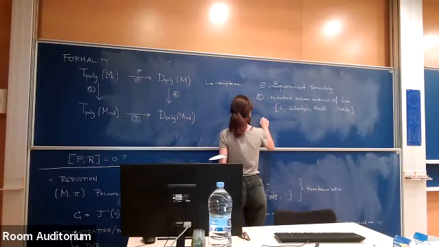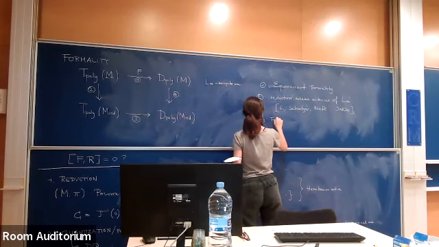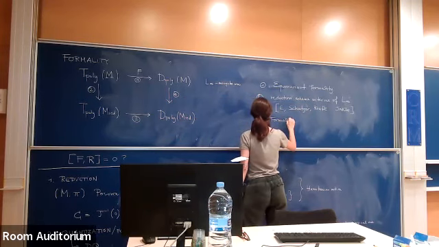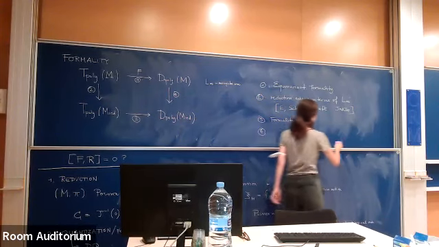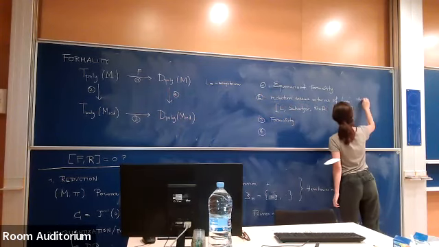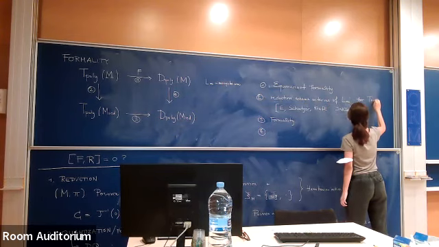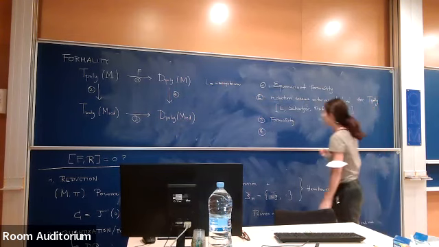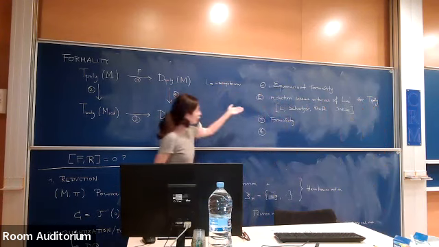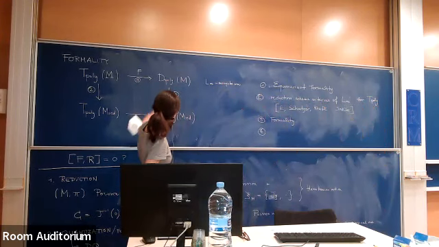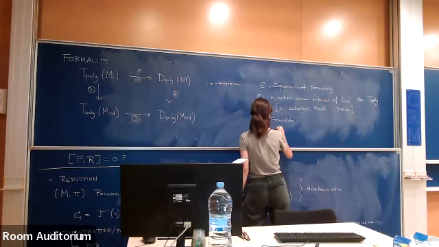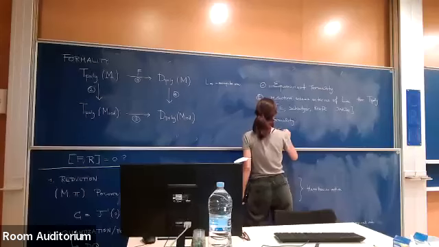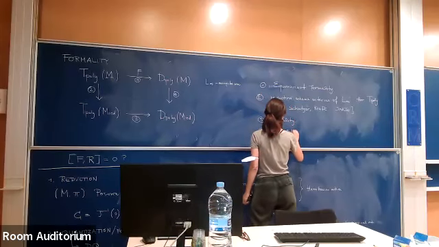Number 3 is the usual formality. And number 4 is again a reduction scheme in terms of an L infinity morphism, but for polydifferential operators, which is a bit more involved. And this one is, let's say, the new result.